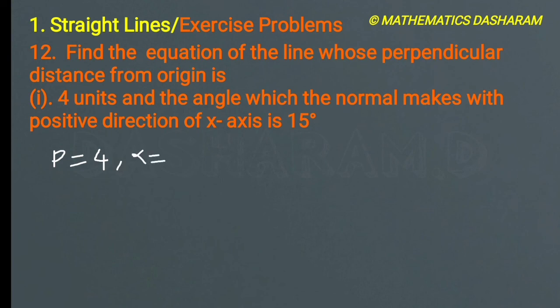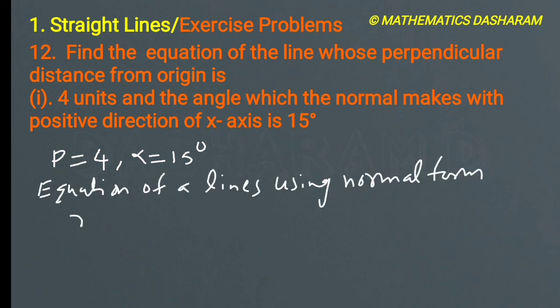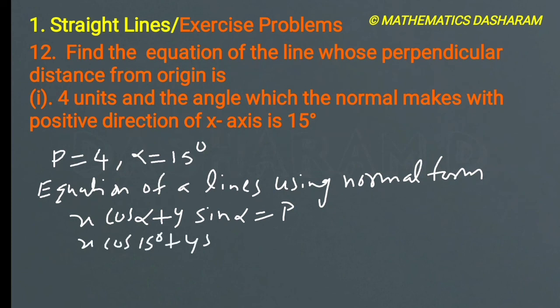Next, angle denoting with alpha is 15 degrees. Then the equation of a line using normal form is x into cos alpha plus y into sin alpha equals P. X into cos 15 degrees, y into sin 15 degrees, P value is 4.